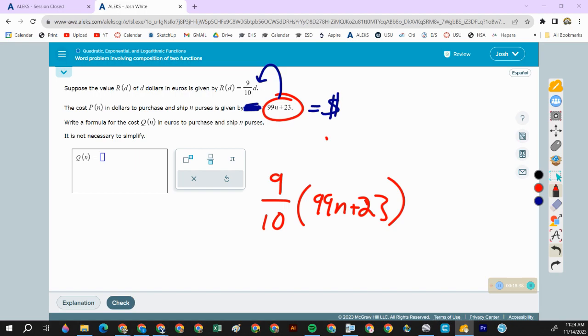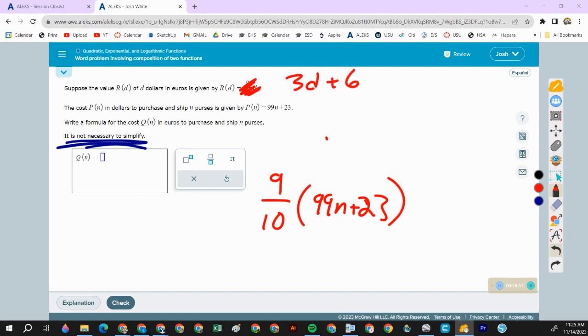Okay, yeah, let's do another one and see if we run into that. And we could simplify this, but notice it says don't bother, right? It would be kind of messy. It says you don't need to simplify. Okay, what if it was 3d plus 6? Then it would just be 3, where the d used to be. We're going to stick in 99n plus 23. Does that make sense?